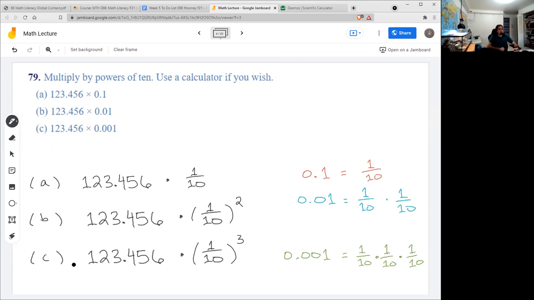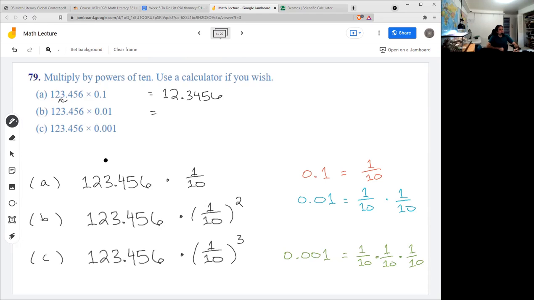Tell me, what's the pattern for A, B, and C? Let's do A first. It's 1 decimal place to the left. Okay, how about for B?